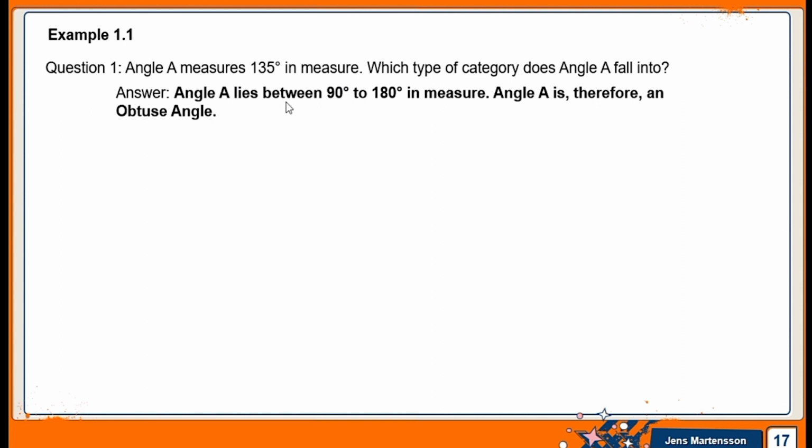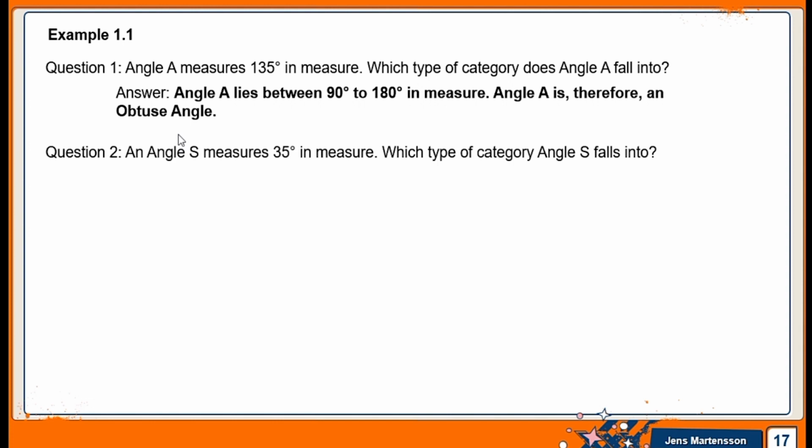So, angle A lies between 90 degrees to 180 degrees. Go back to the definition earlier. If the angle is between 90 degrees to 180 degrees in measure, what is that? The angle is therefore an obtuse angle, of course.